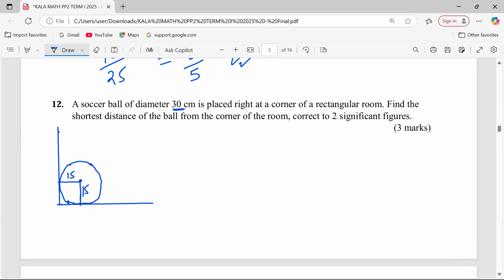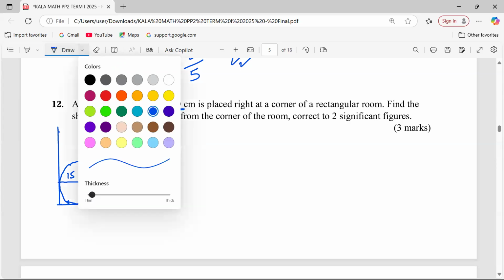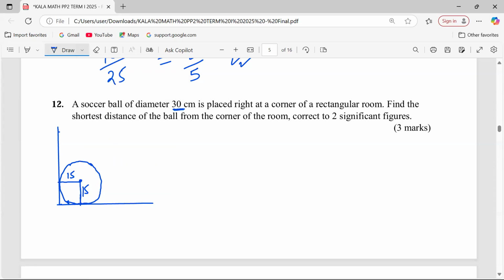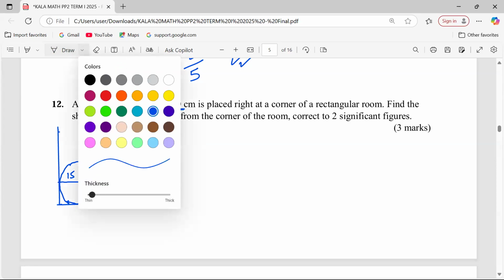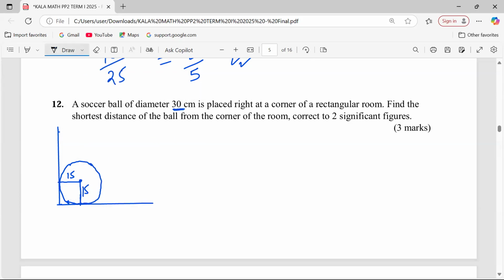We want to find the distance from where the ball is to where the wall is. So at that rate, we can talk about from the center of the spherical ball to the exact corner. So we need 15 and 15 for us to get from O to the corner.